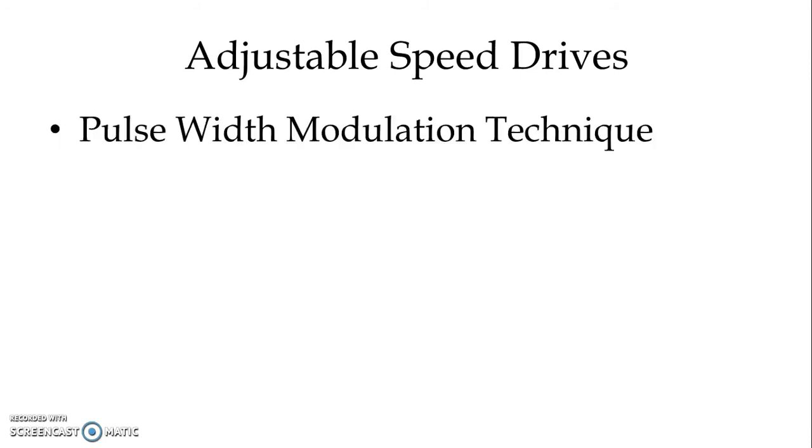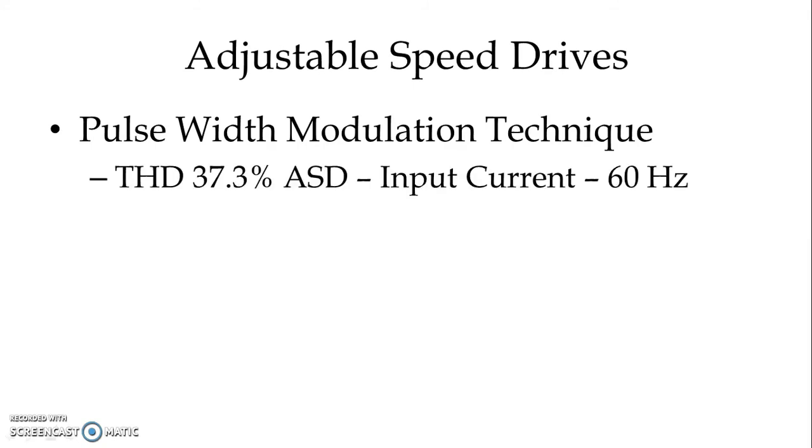Another non-linear load is the adjustable speed drive. We have a technology known as the pulse width modulation technique, and with it we can adjust the current as well as the voltage of the input supply, and accordingly we can adjust the speed of the motor. We can observe total harmonic distortion of 37.3% in the current waveform when our adjustable speed drive is running at 60 Hz.